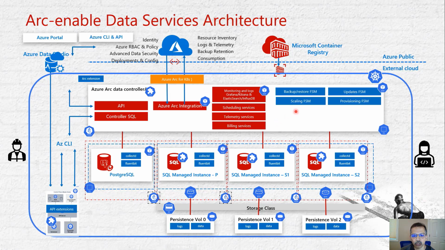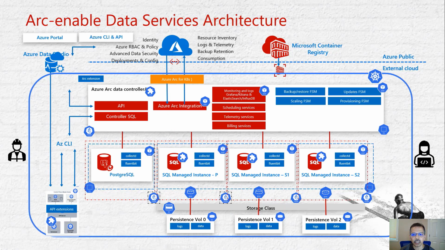The data controller runs in its own Arc namespace along with other pods, whereas individual SQL managed instances will be running in their own individual pods in separate namespaces within the cluster. All of this requires each individual namespace to be configured so the data controller can own all the resources in a namespace.